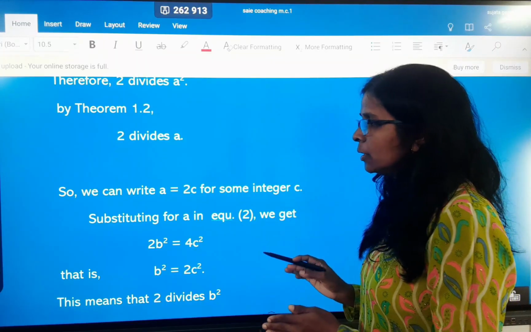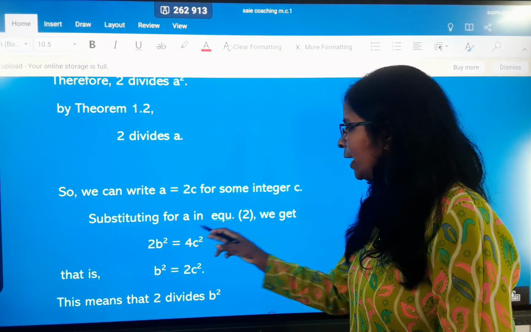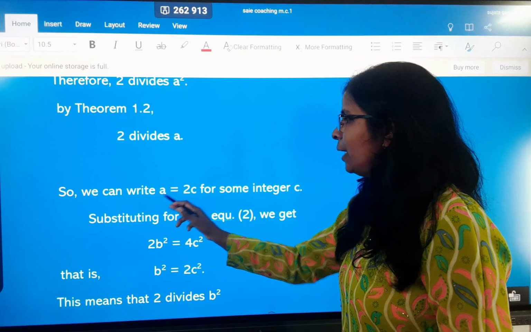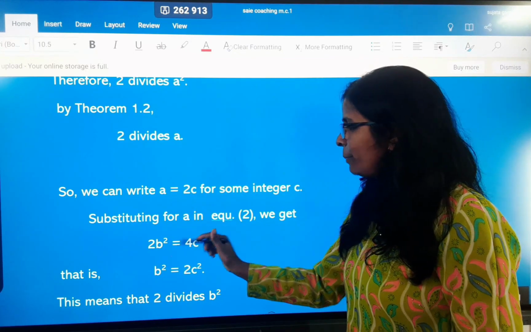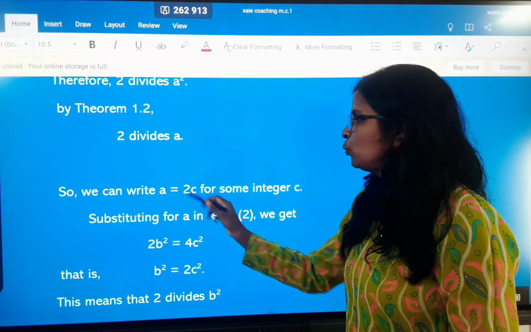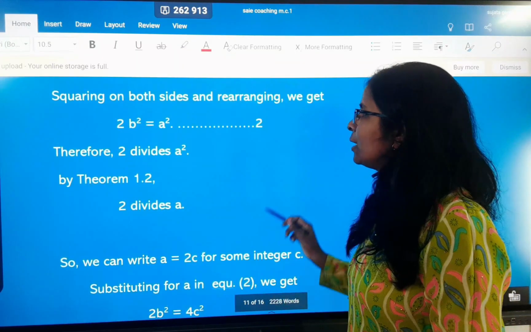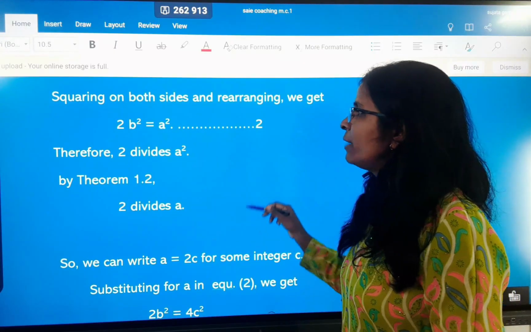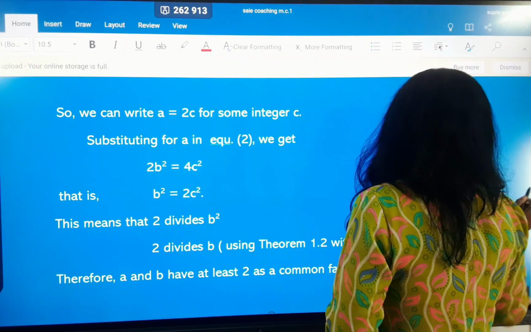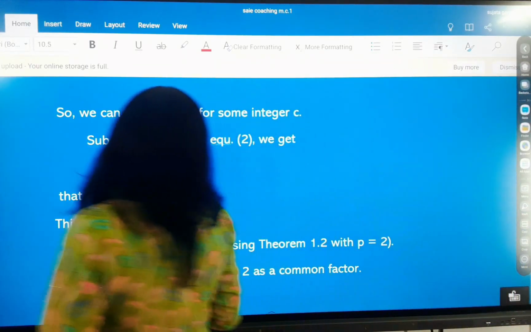So now, what do we have to do next? Substituting for A in equation 2, we consider that A is equal to 2C. The value of A is 2C, and we have to substitute it in equation 2. So what is equation 2? That is 2B square is equal to A square.